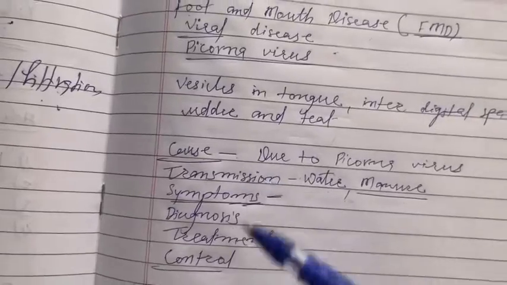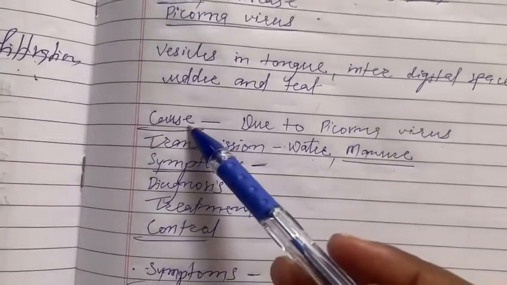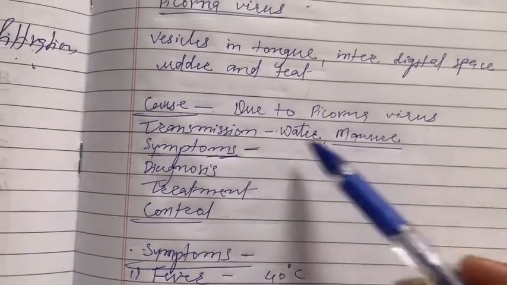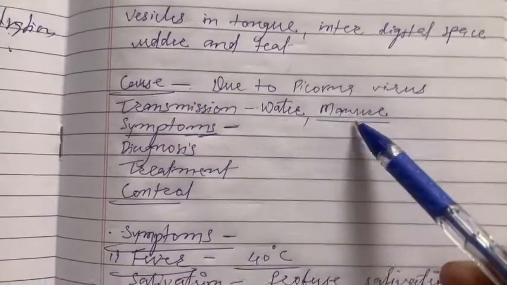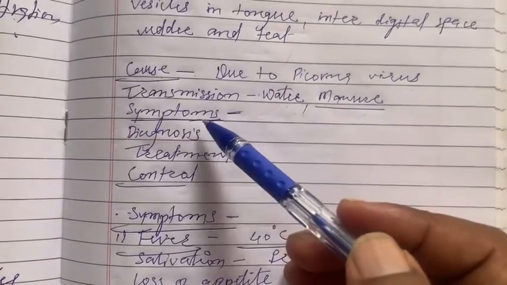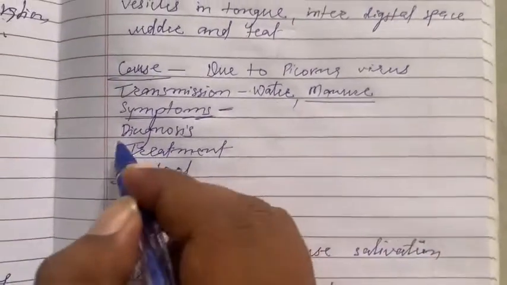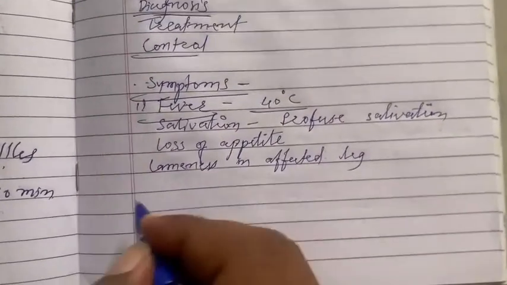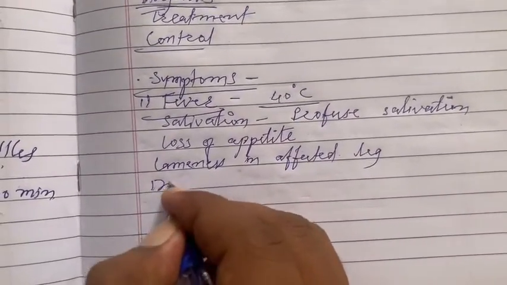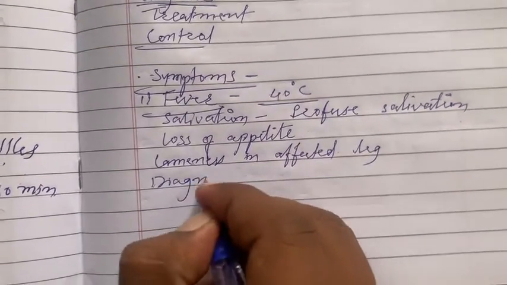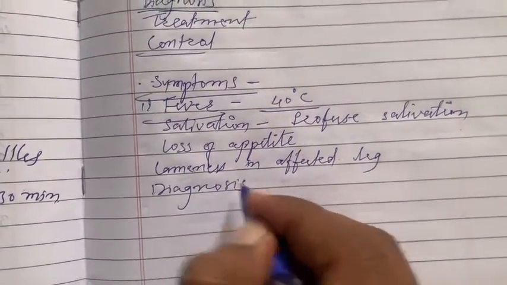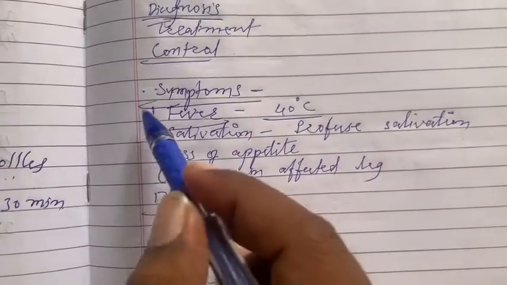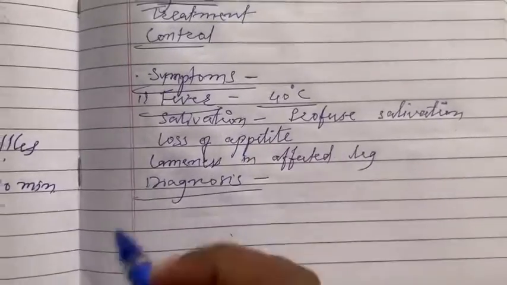We have already seen some important points: the cause and the transmission. It is transmitted through water and directly, as this is a highly communicable disease. Then we have seen the symptoms. The next point is the diagnosis, how to diagnose this disease. Diagnosis depends totally on the symptoms, and on the basis of all the above symptoms the disease is diagnosed and a particular name is given.